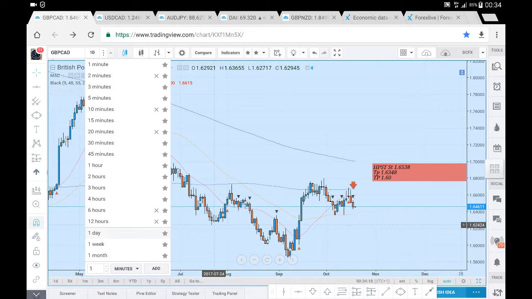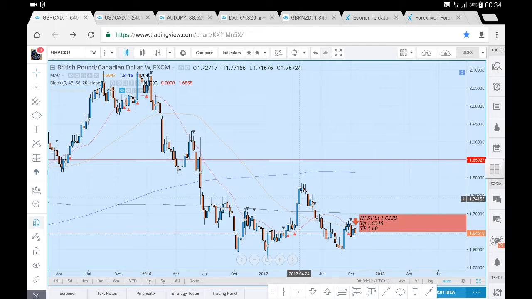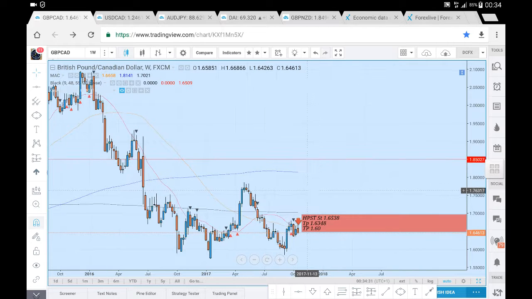So let's have a look at downside targets. If we have a look at the weekly chart, on the weekly chart we have found support in around that 160 region. So that is a good area to potentially take profits if we do break down further from here.